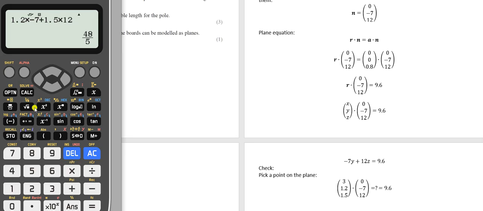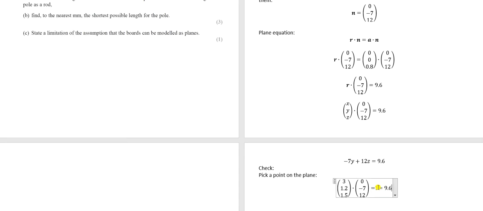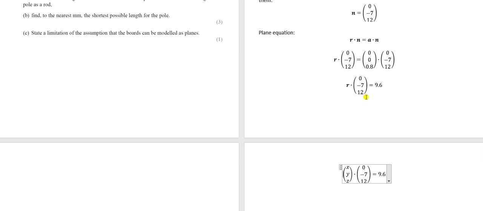You can always do it in your head, but it's probably quicker to make use of the calculator. So that works. And therefore we know that that particular point is definitely on the plane that we've described here. This would be the equation we'd leave. And this next bit would be only if we needed a Cartesian form.